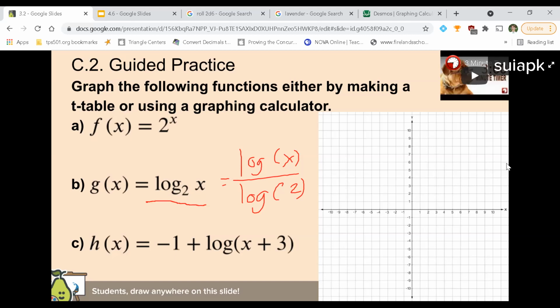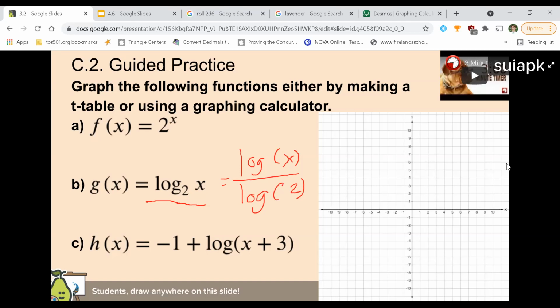It graphs it. I don't even know what you're seeing. It's almost a vertical line. Okay, good. And then for the second one, hit enter. So then you type log. We're going to do the subscript, so now you go back to the number.